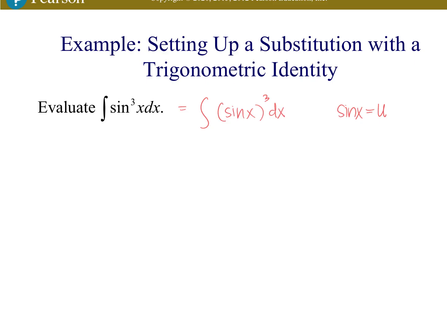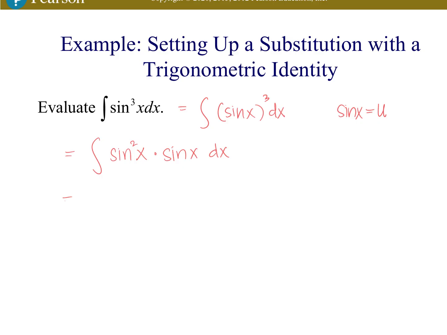So go back. And what's a more helpful power for sine? Squared is more helpful. So try this. Try saying, how about sine squared times sine of x? That is a more helpful power, to split a cube up into a square and a regular one, because the square has an identity.